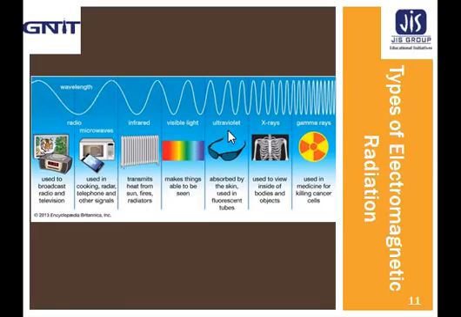Ultraviolet is absorbed by the skin and used in fluorescent tubes, X-rays are used to view inside of bodies and objects, and gamma rays are used in medicine for killing cancer cells. These are the types of electromagnetic radiation.